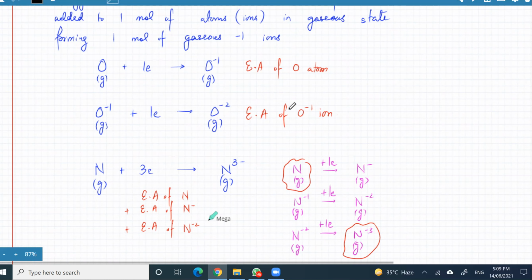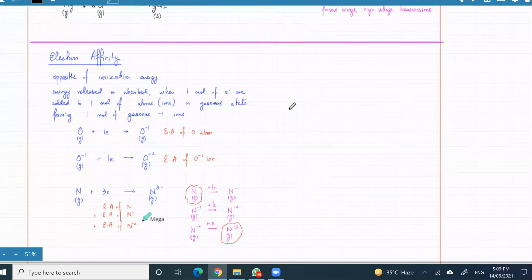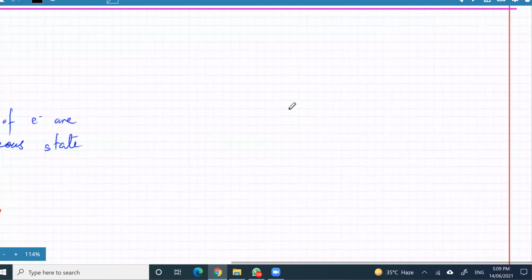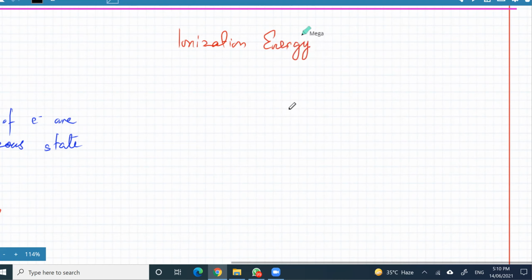Now, a similar thing is, you've studied ionization energies. Let's also talk about ionization energies a bit. We've done the definition.